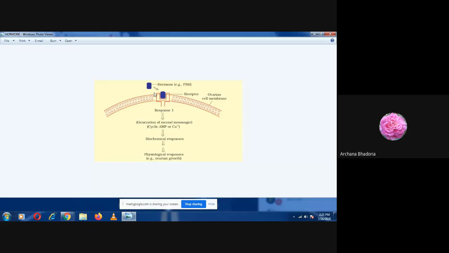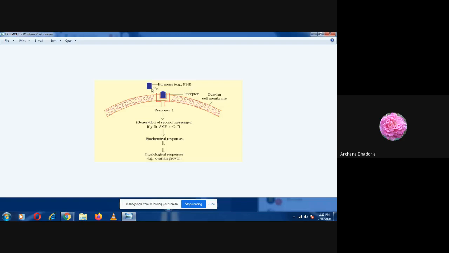The proteinaceous hormones have their receptors in the cell membrane of the target organ. This should be clear to everyone that the proteinaceous hormone receptors are present in the cell membrane of the target organ. Now with the help of this example, they are explaining. This flow chart shows that FSH is a proteinaceous hormone, the follicle stimulating hormone.